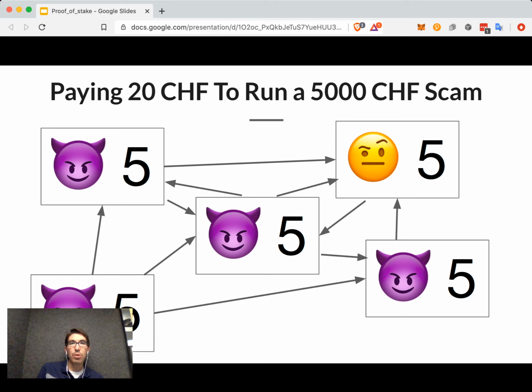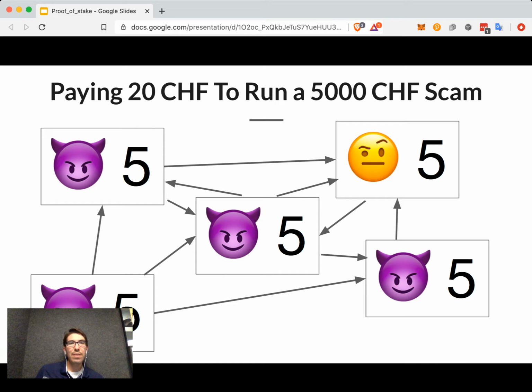Just like with proof of work, it's certainly possible to scam somebody, to cause a problem. The goal is to make it more expensive.